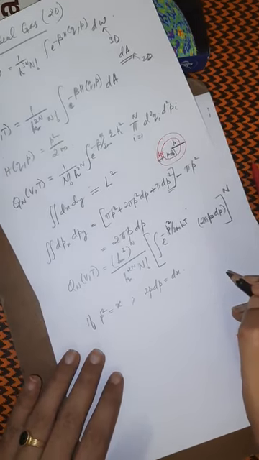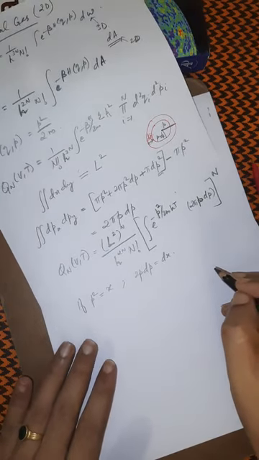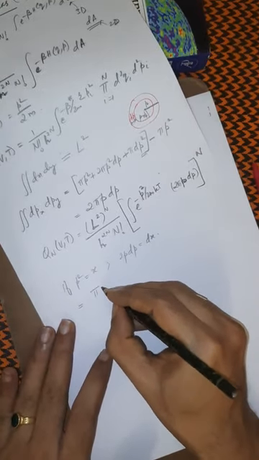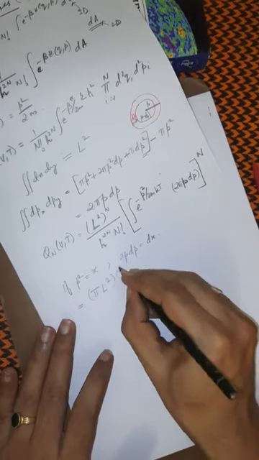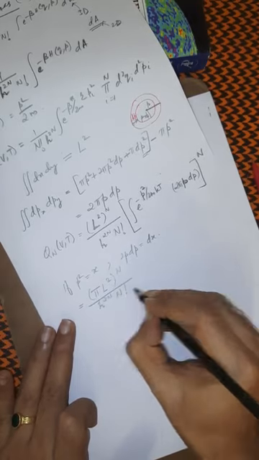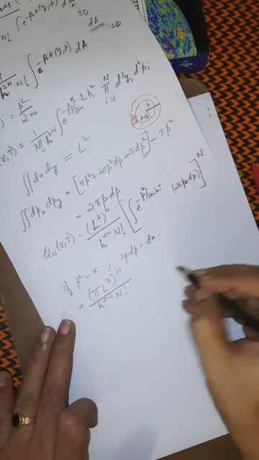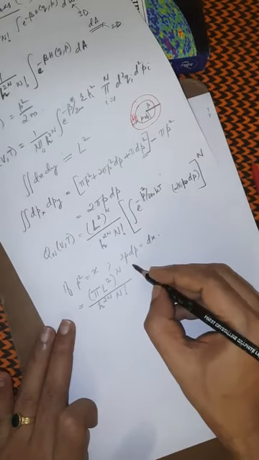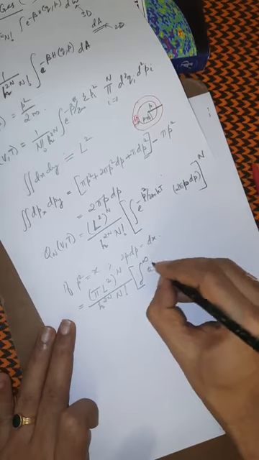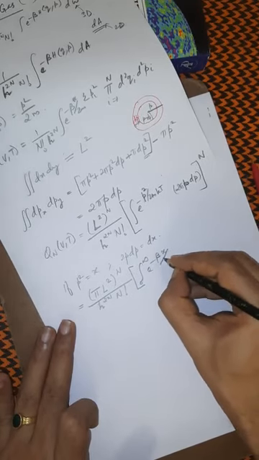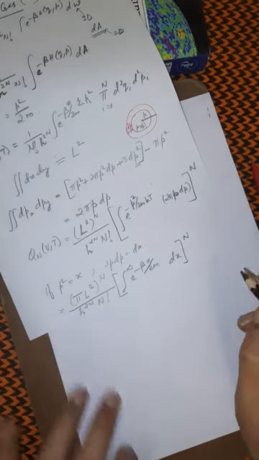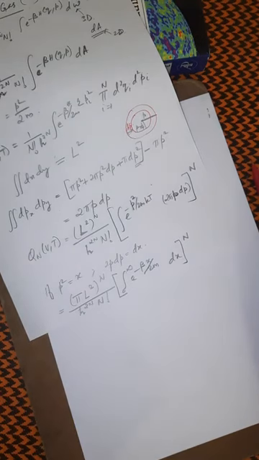So therefore I can substitute that over here and write it as equal to (πL²)^N divided by h^(2N) N!, times the integral from 0 to infinity of e raised to minus βx/2m dx, the whole raised to N. And this is what I get.